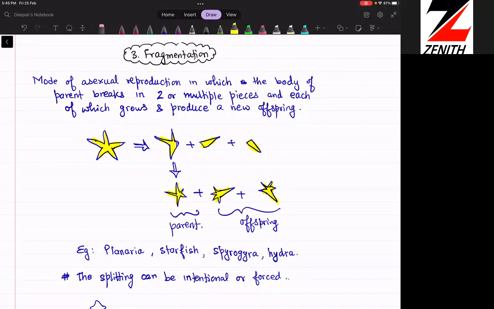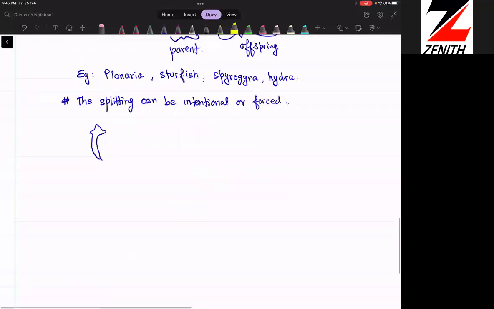Thank you. Planaria has a characteristic whereby using a knife, if you divide it into two parts, you'll get two planaria. If you divide into 5 parts, you'll get 5 planaria. Each part will regenerate and will grow into a new planaria.